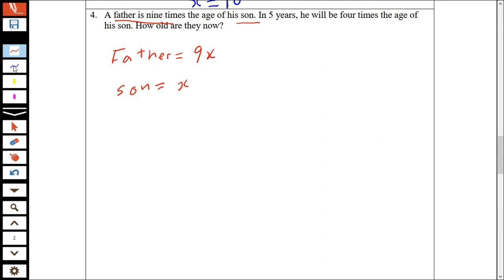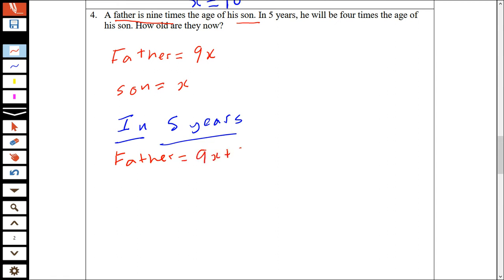That's good. Okay, then it says in 5 years, what happens? So in 5 years, we have father. How old will the father be in 5 years? Well, he'll be 9X plus 5.